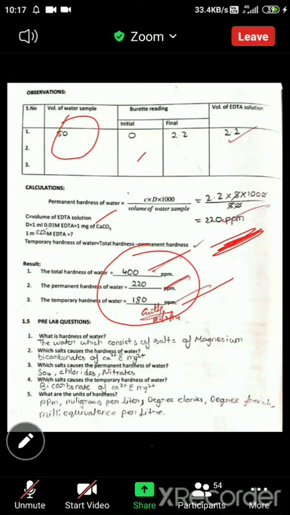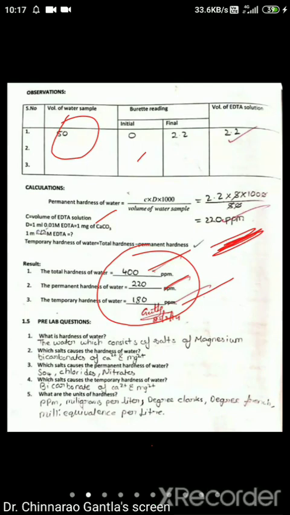Next is estimation of total hardness. Instead of ZnSO4 solution, you take 50 ml of water. We do not need distilled water here, we take the water directly. 50 ml of water plus 3 ml of buffer, 1 or 2 drops of EBT indicator. Now we take 3 samples and titrate with the EDTA solution.